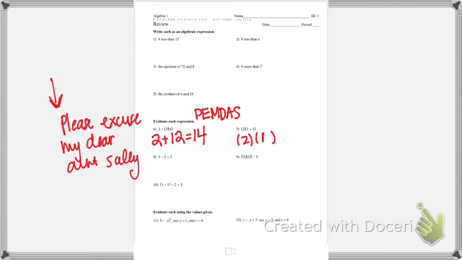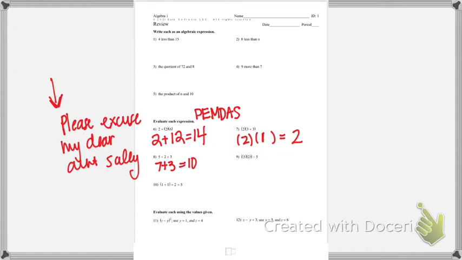Then we do our parentheses. 2 times 1 is 2. Now, I know number 8 is so hard for all of you. Just kidding. So, 5 plus 2 is 7. 7 plus 3 is 10. That was easy. No brainer, right?